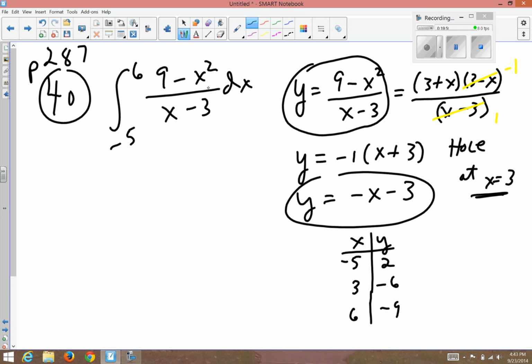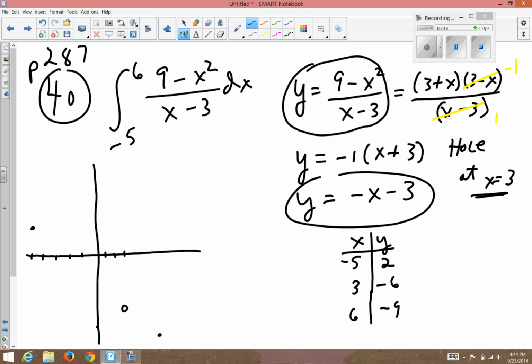So the graph of this integrand, y equals 2, contains the points (-5, 2), and (3, -6), but actually that would be a hole in the graph, and (6, -9), if I can fit it, over 6 and down 9.